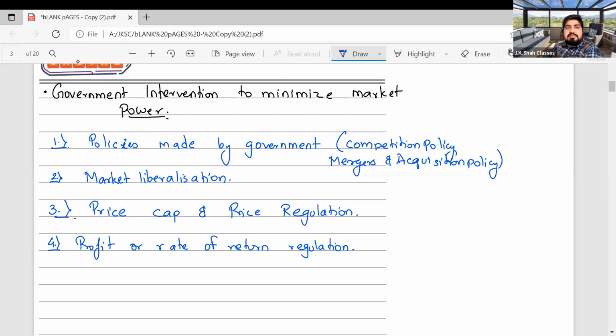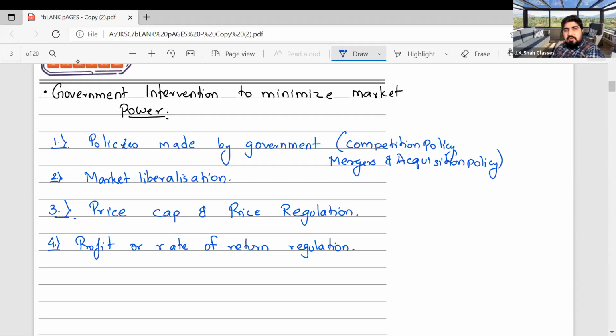Adar Poonawalla in 2020 became a very common name. The head of Serum Institute of India, who got the monopoly of producing COVID vaccine in India. Now, when that was done, they could have easily got a higher level of profit, higher rate of return on their investment.